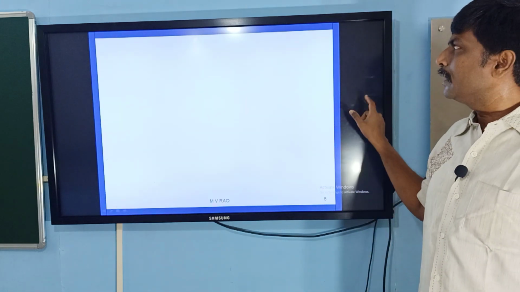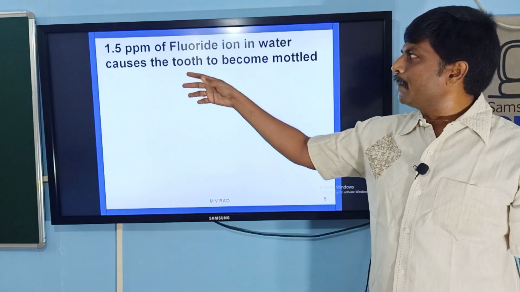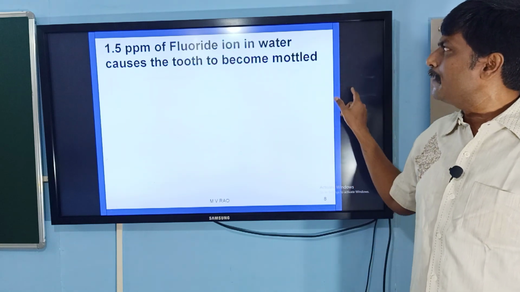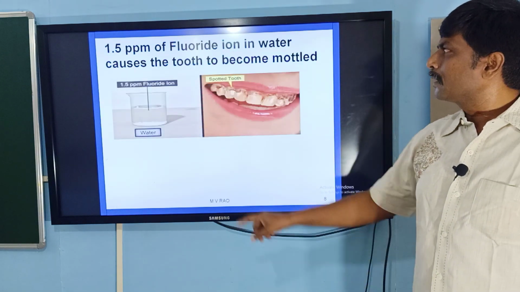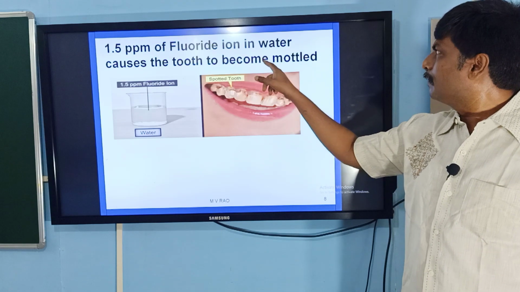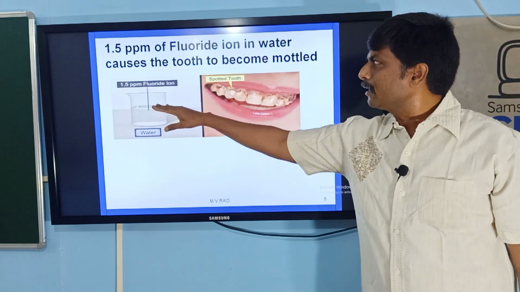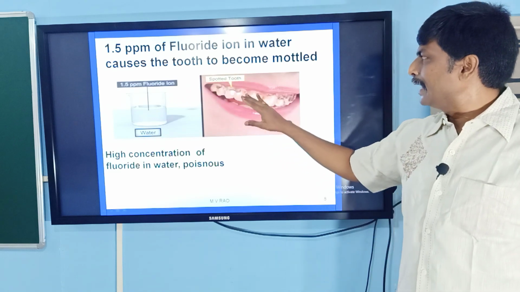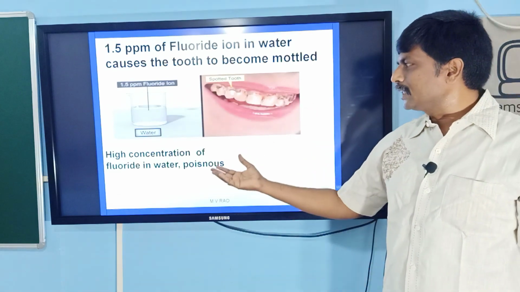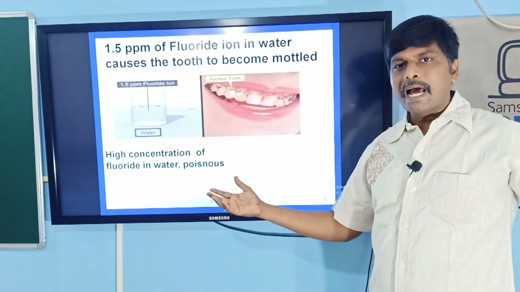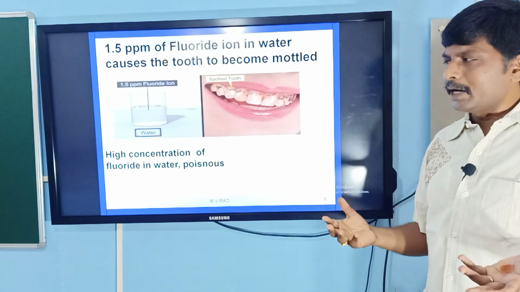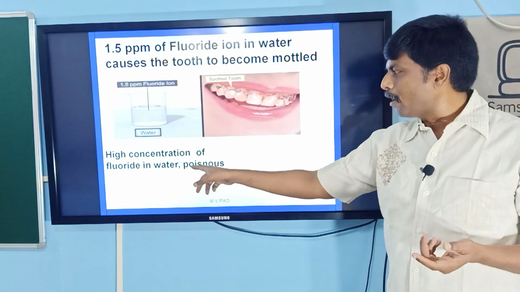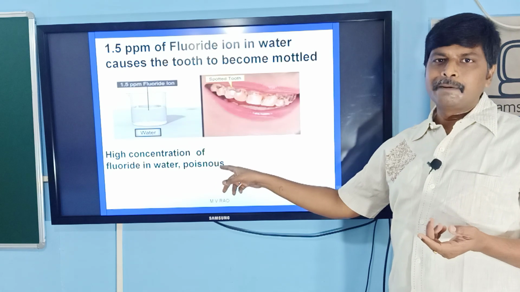If it is more than 1 ppm, that means 1.5 ppm of fluoride ion in water, it causes the tooth to become mottled. If the fluoride ion concentration is more in water, the tooth will become like this. If there is a high concentration of fluoride in water, more than 1.5 ppm, then the water will become poisonous.